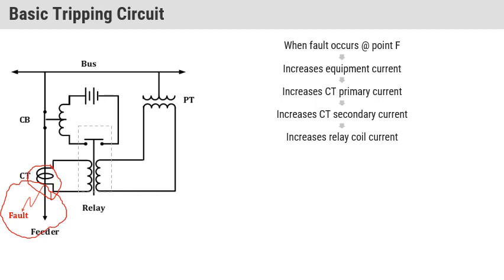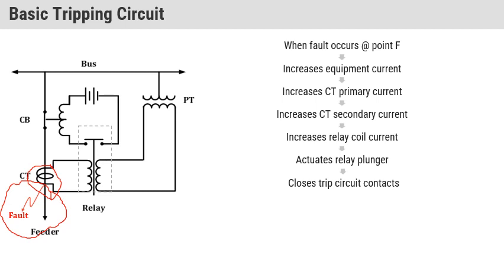So if the CT current increases, it will definitely increase the relay current, and due to this increment it actuates the relay plunger. So this is the plunger, and it closes the trip circuit contacts.